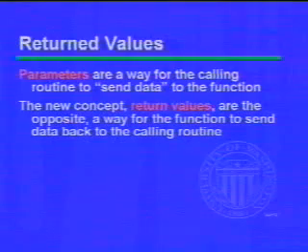This new wrinkle is called a return value. You can see that a return value is a complementary notion to that of a parameter. When we execute a function, we send information to it with the parameters. When that function is finished, it returns the value back to us.